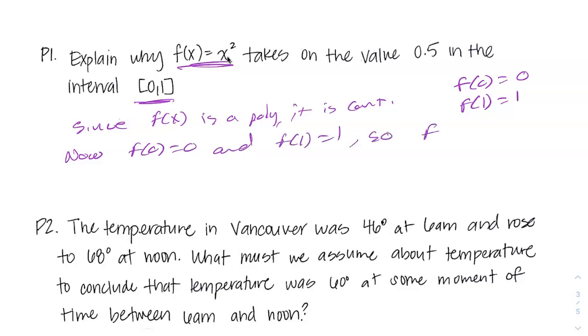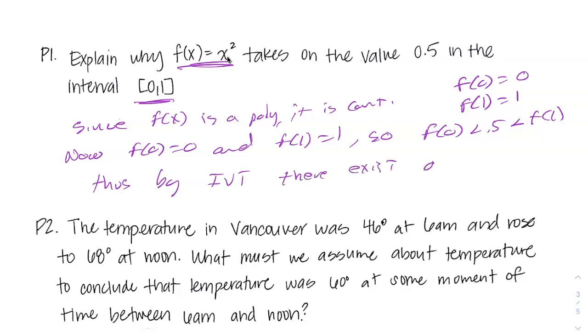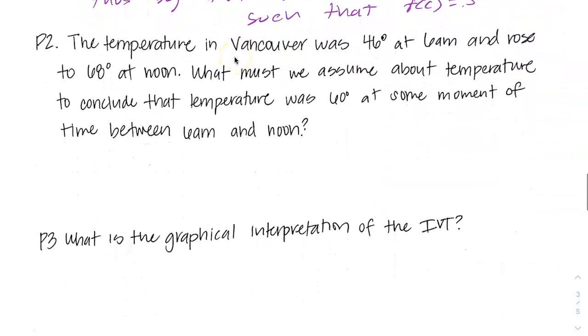So f(0) is less than 0.5 is less than f(1). Thus, by IVT, there exists a c in [0, 1] such that f(c) = 0.5. So there we go.